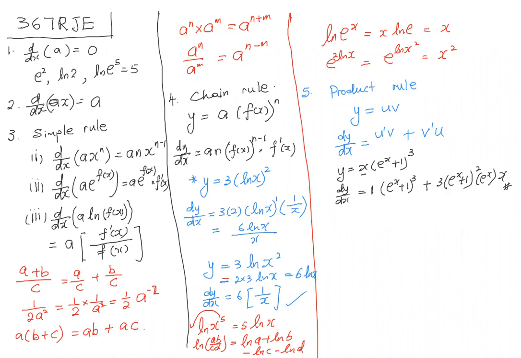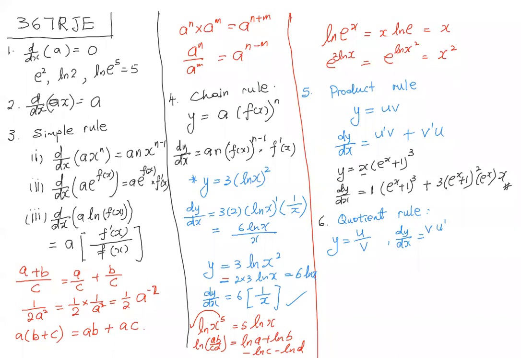If it's not a product, if it's a quotient, then you use the quotient rule. Quotient rule is about u divided by v. So your dy dx, the order is very important.